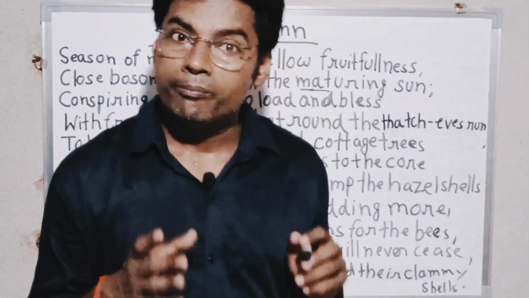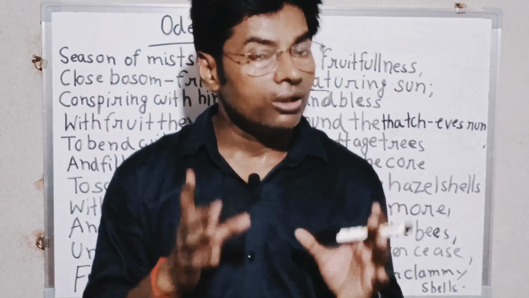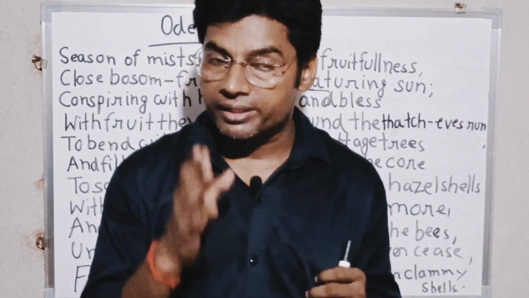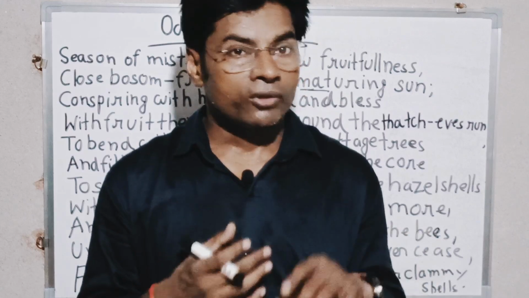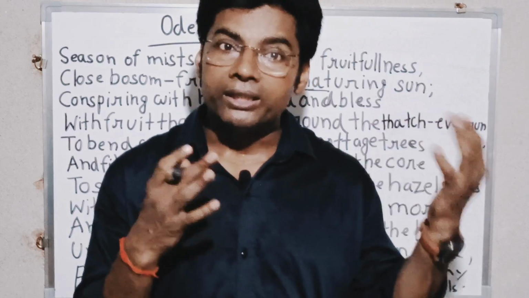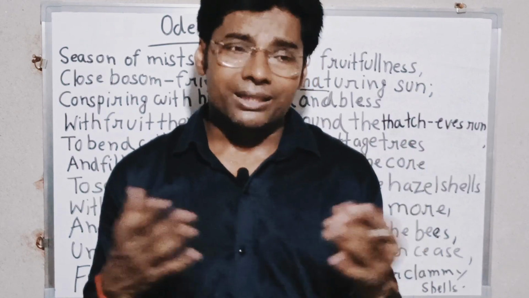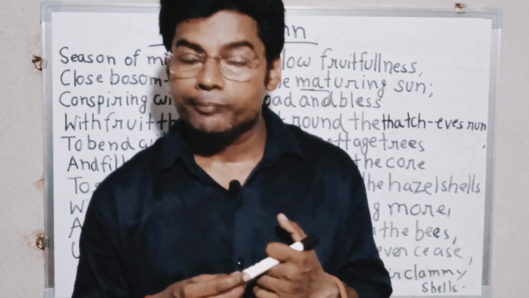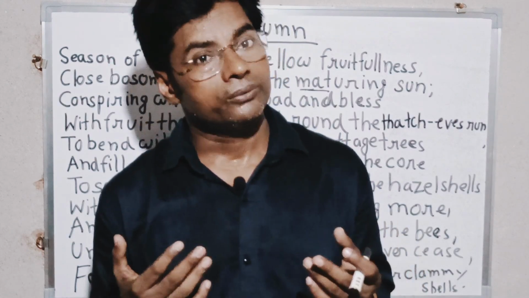And my dear learners, remember that this was the poem John Keats wrote in the month of September. Maybe it was 19th September. He got this poem published with Lamia, The Eve of St. Agnes, and many other poems in the following year, 1820, and a few months after the composition of this poem, John Keats passed away.